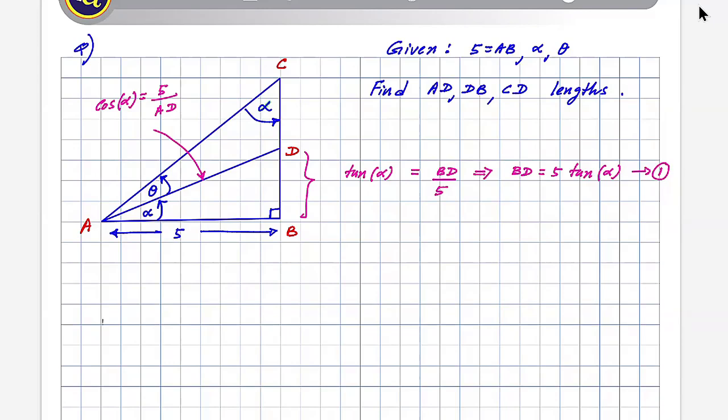Okay, meaning. So then AD is nothing but 5 divided by cosine alpha. So that also fine. So we found that as well.